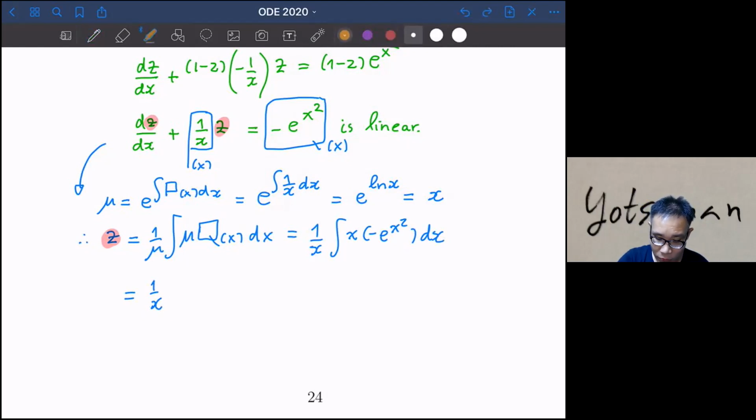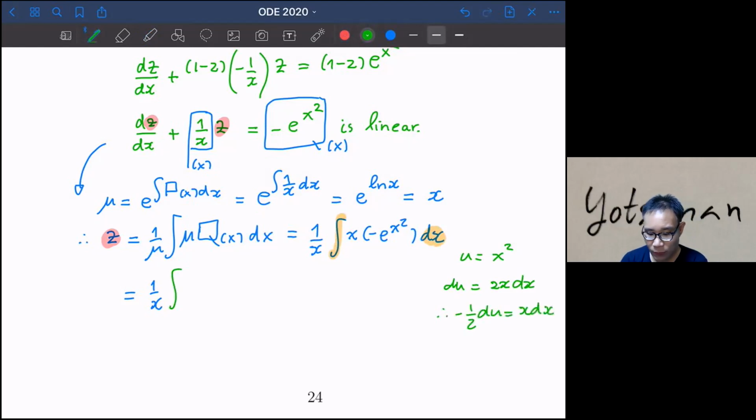Let u equal x squared, du equal 2x dx. So 1/2 du equals x dx.